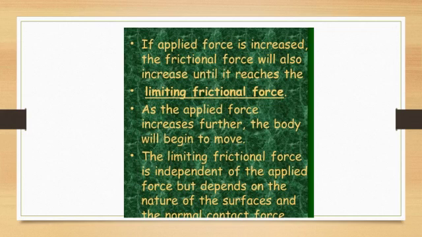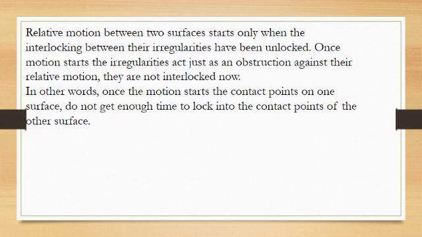Students, now you know that whenever we have to move an object, static friction comes into play. Once the motion gets started, the friction becomes slightly less than the maximum or limiting value of the force of static friction. When there is relative motion between the two surfaces, it starts only when the interlocking between their irregularities has been unlocked. You know that friction is because of irregularities that get locked on their surfaces.